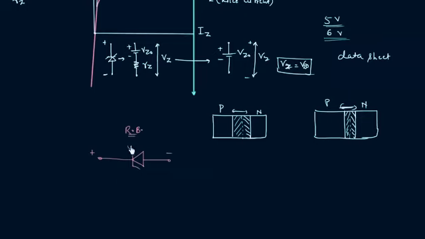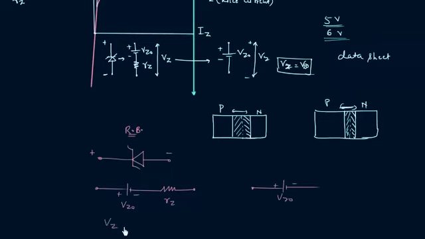And once the diode is reverse biased, we have the equivalent model like this. This voltage is VZ0, RZ is the resistance, and if we neglect RZ, then we only have VZ0 as the value of Zener voltage.